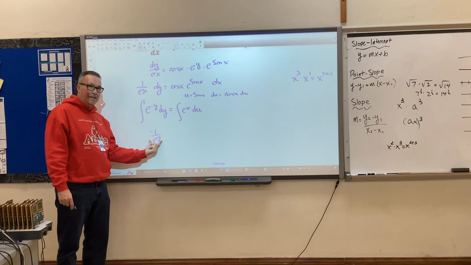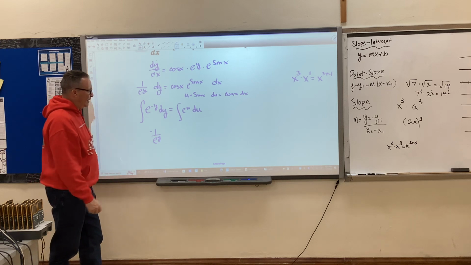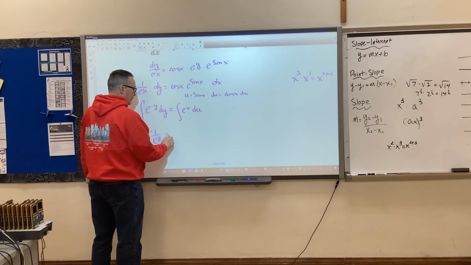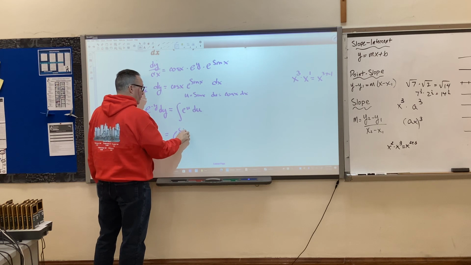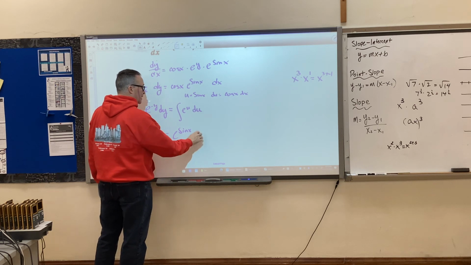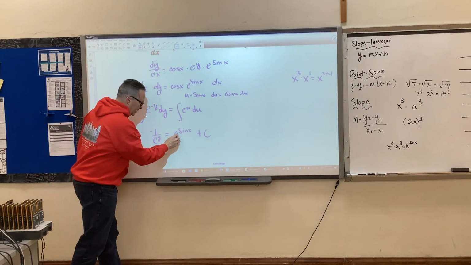So we divide by negative 1, so it turns negative. So that's the left side. And on the right side, we have e to the u, so e to the sine of x plus c. That's not a c, that's an e.